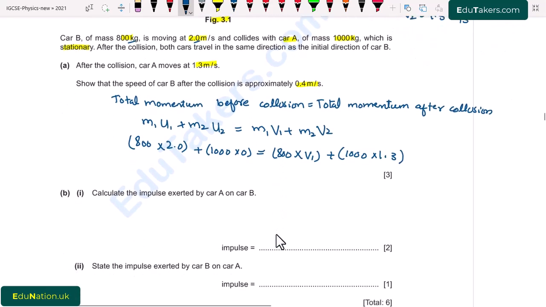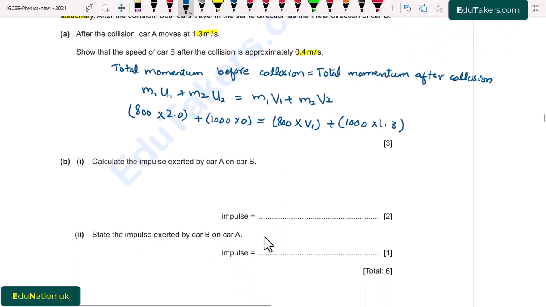So here we have to find out v1. This term cancels because of 0. So it comes to be 1600 equal to 800 v1 plus 1300. So here we have to calculate v1.